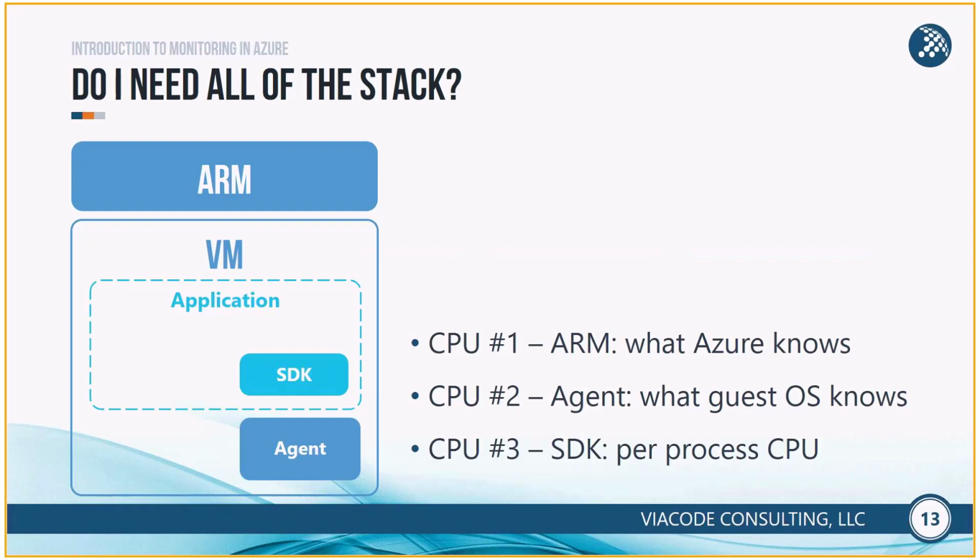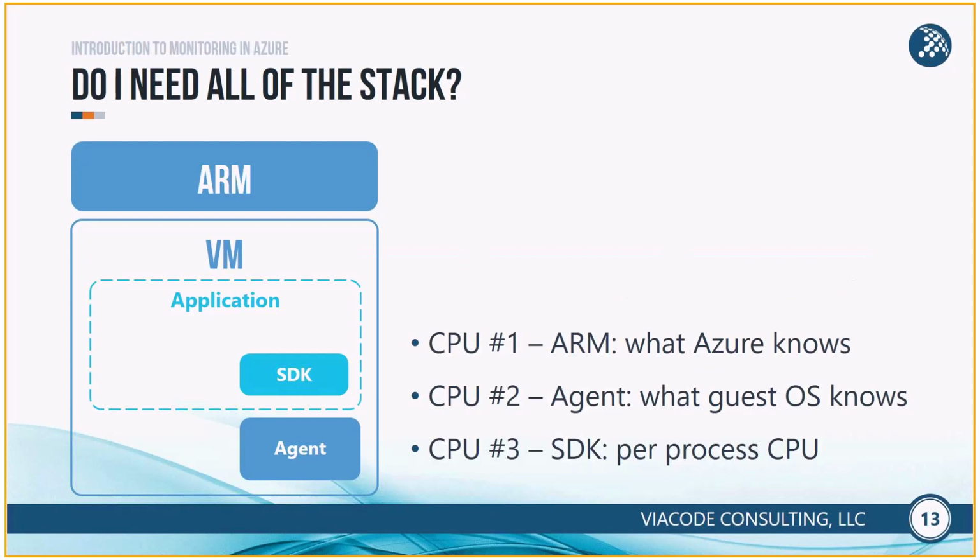And if the VM is completely hosed, like CPU 100% pegged and turns into a black hole, nothing coming out and nothing coming in, ARM can tell you that, hey, this CPU is not functioning and it's 100% utilized. So it's useful from that perspective, that ARM always knows what's going on with the container.